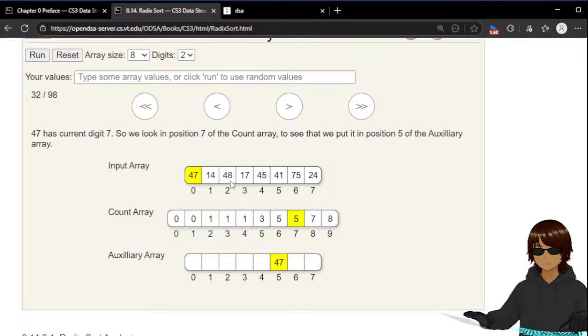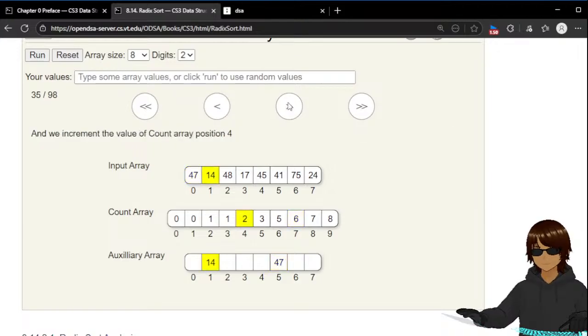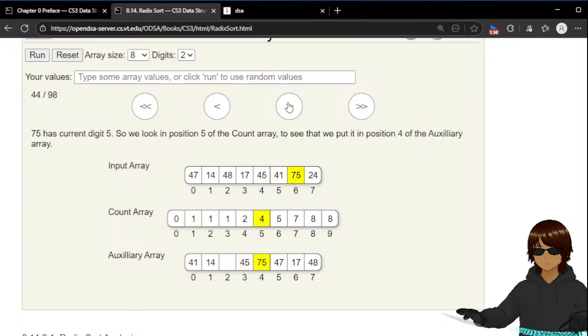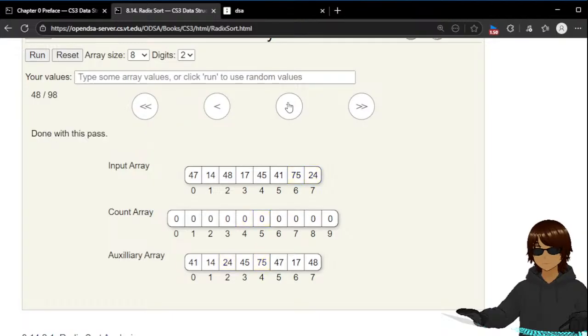Sorry, 8 goes to position 7. Oh, I see. And then we increment it as well. 16, 7, 41. Why do we increment it though? Done with pass. And then move it back to the input array.